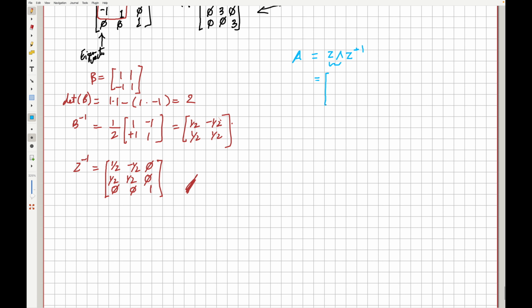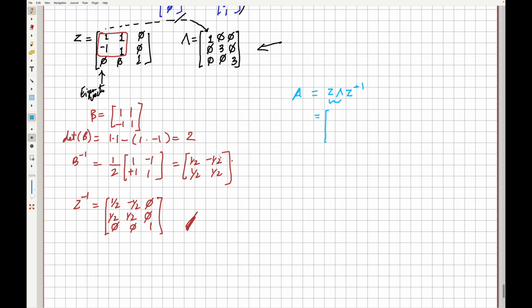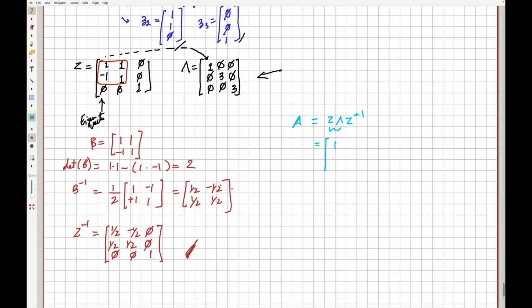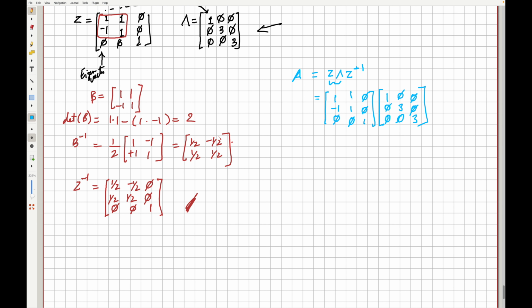So the Z that we have is 1 -1 0, 1 1 0, 0 0 1, and the lambda that we have is 1 0 0, 0 3 0, 0 0 3. And if we get the dot product, we essentially take this row, this column, and so on.